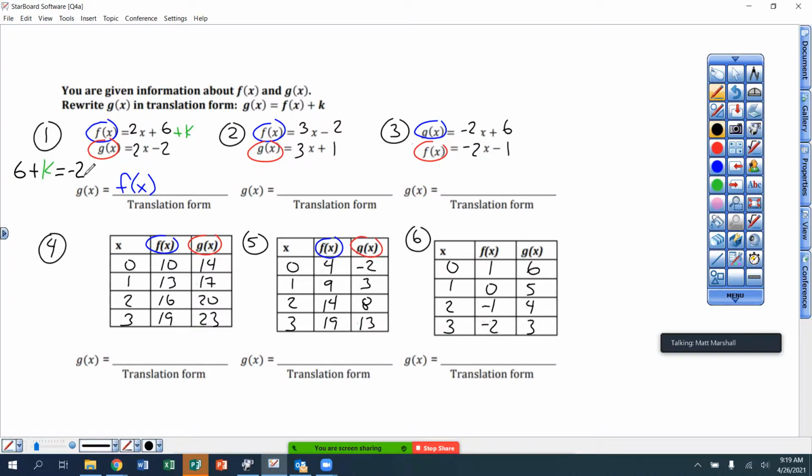So if I solve this algebraically and take away 6, that gives me the shift number, what it would have had to be. It had to be -8. So if I want to write the translation form, the new one was formed from me taking the slope and the y-intercept of the first one and subtracting 8. That's where I got this -2.